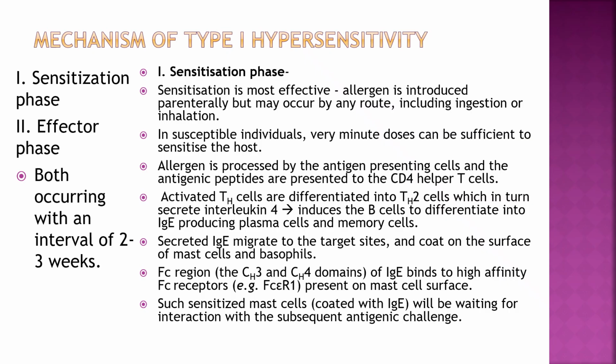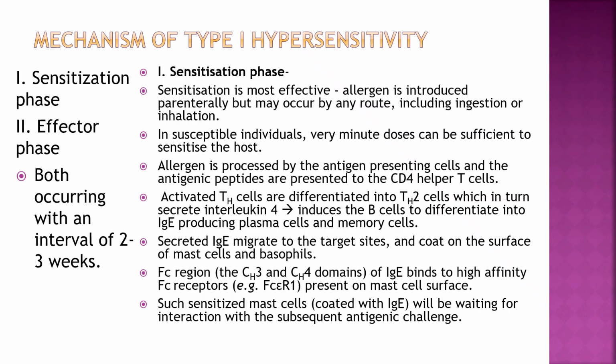The allergen is processed by antigen presenting cells and the antigenic peptides are presented to CD4 helper T cells. Activated Th cells differentiate into Th2 cells, which secrete interleukin 4, inducing B cells to differentiate into IgE producing plasma cells and memory cells.